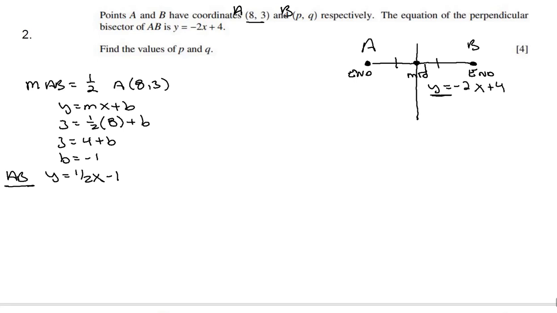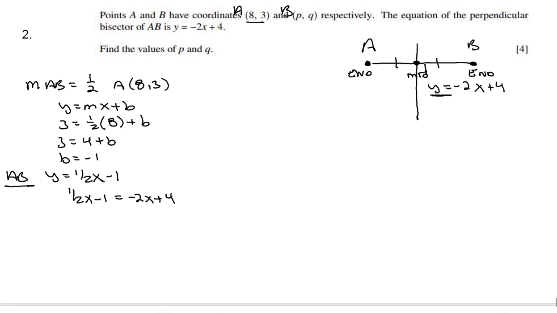So anyway, if I make these equal to each other, it's going to be 1/2 x minus 1 is equal to negative 2x plus 4. Now, again, it's not that big of a deal, but you may find it easier to get rid of the fractions. If I want to get rid of this fraction, I can just multiply everything by 2.